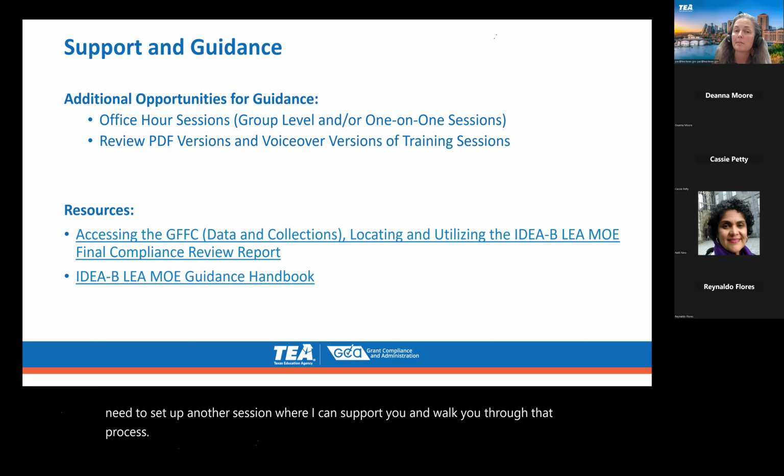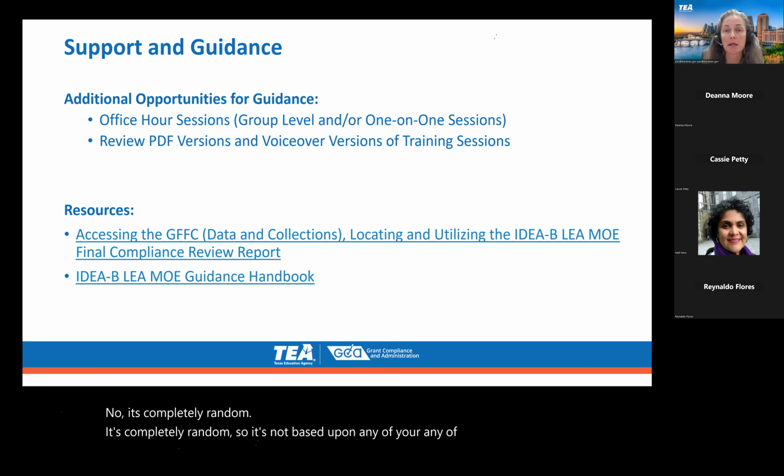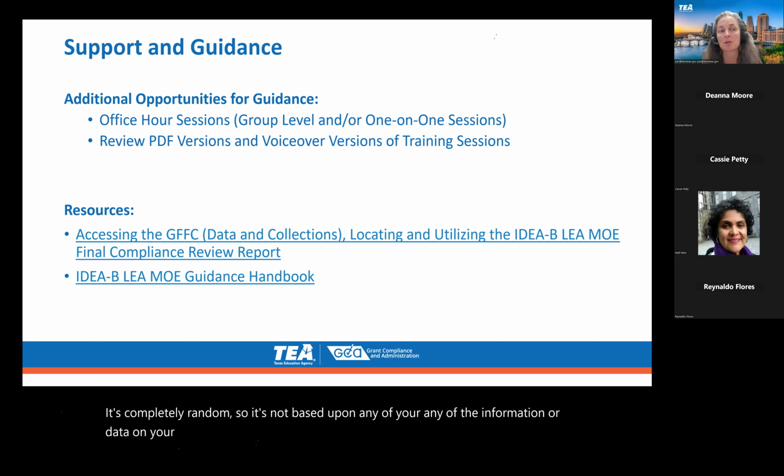Couple more. Are only those with line 2 less than line 1 selected? No. In other words, could all of our data be accurate and still be selected? Is there a threshold that puts us in this 10% validation? No, it's completely random. It's not based upon any of the information or data on your application currently.